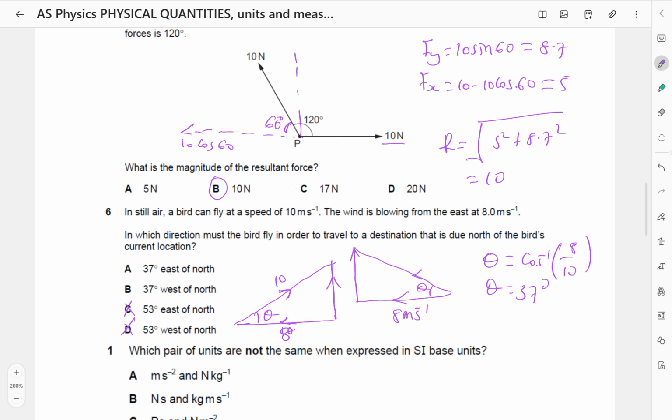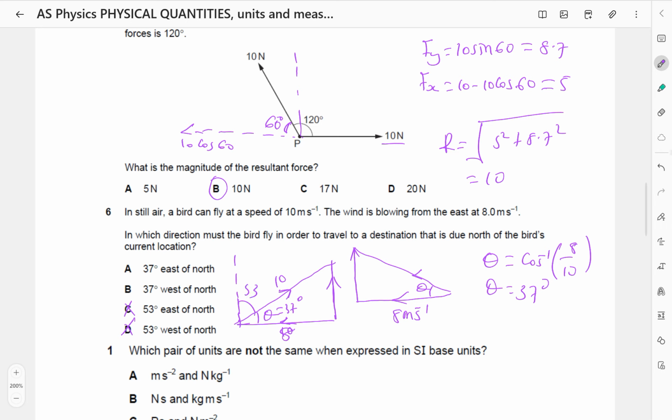This can be read as 37 degrees north of east, not east of north. Or this one can be read as 37 degrees north of west, not west of north. So if I want it from the north, east of north, it will be this angle here. If this is 37 degrees, then this is going to be 53.